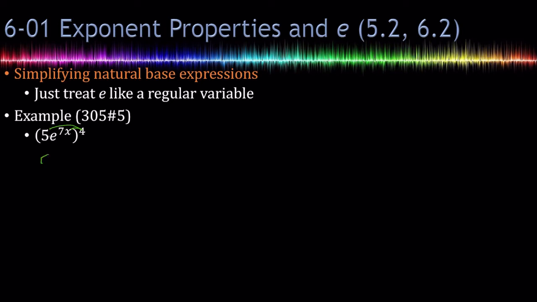So I'll have 5 to the 4 and e to the 7x to the 4. But wait, if I have exponent, parenthesis, exponent, I can multiply those. So that'd be 28x, 4 times 7. And 5 to the 4 is 625. So it's 625 e to the 28x.